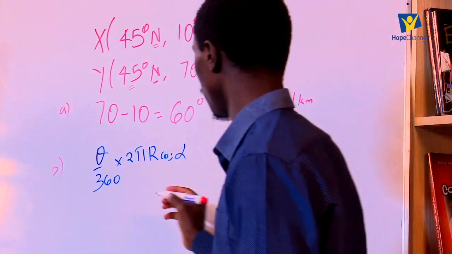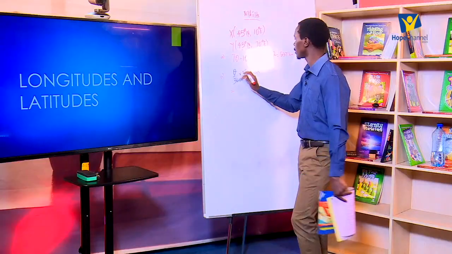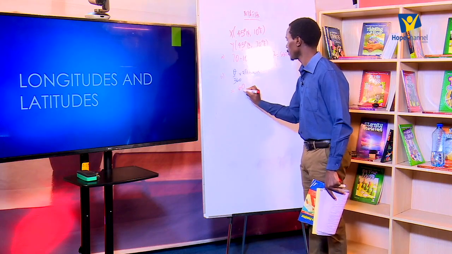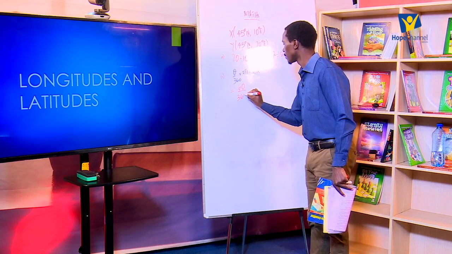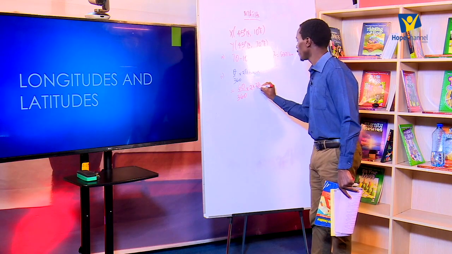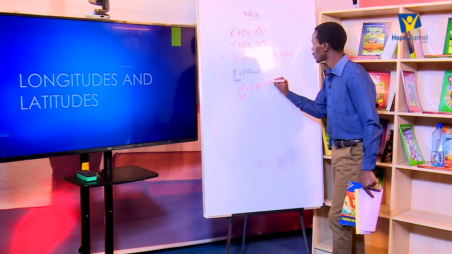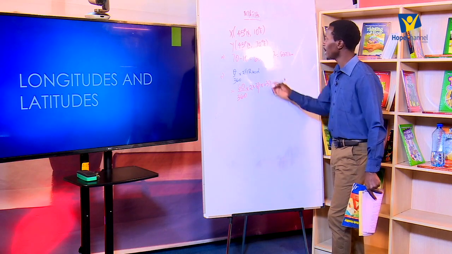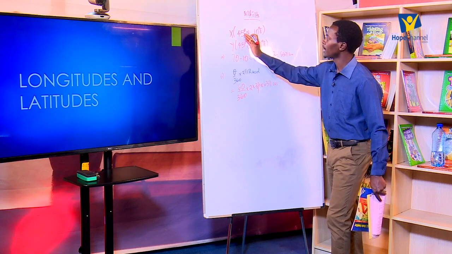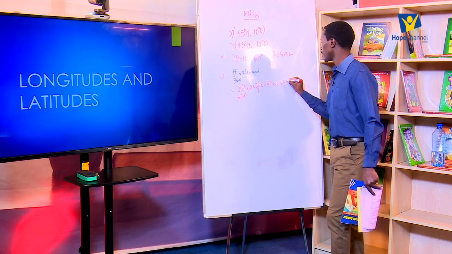So by substituting, you have theta, which is the longitude difference, which is 60 degrees, over 360 multiplied by 2 by 22 over 7 multiplied by the radius, which is 6371, the cosine of alpha, where alpha is the same 45 degrees.